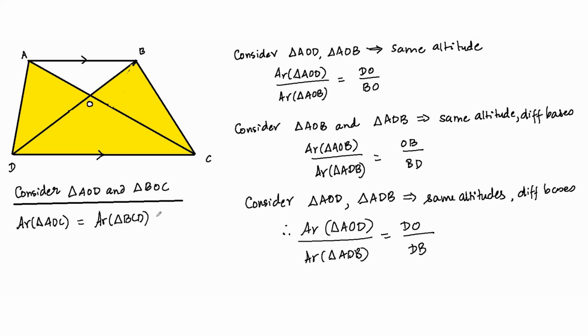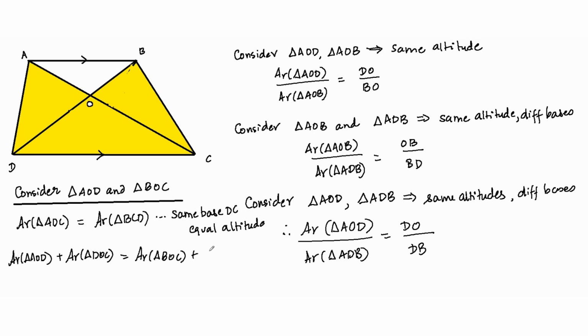Because the base is the same base DC, and equal altitude also. And therefore, area of triangle ADC can be written as area of triangle AOD plus area of triangle DOC, and area of triangle BCD can be written as area of triangle BOC plus area of triangle DOC.